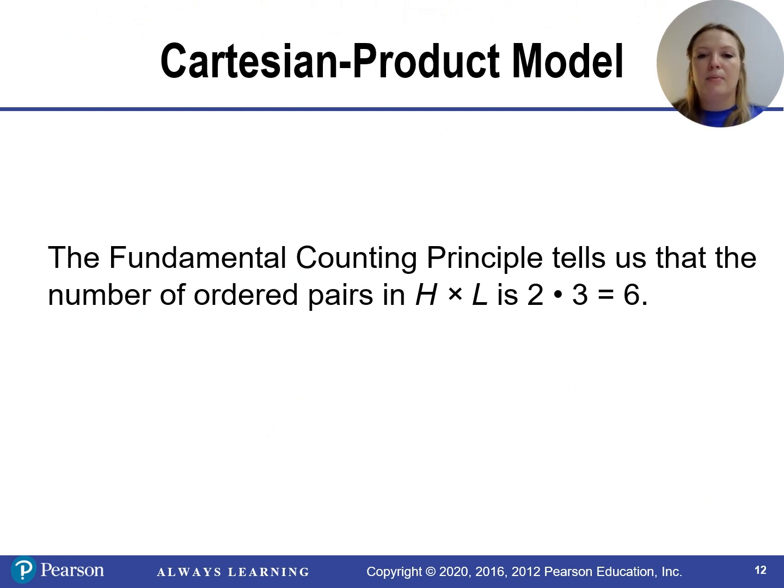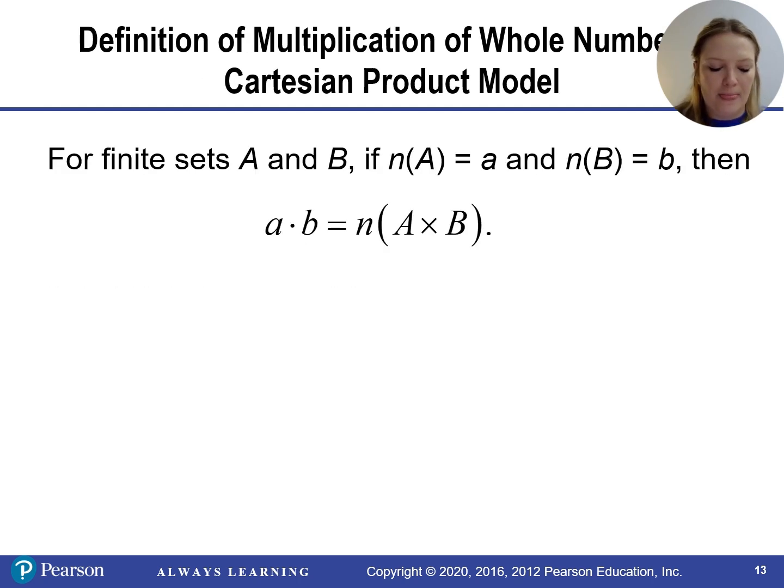What this culminates in is the fundamental counting principle. It tells us that the total number of ordered pairs that we could get in this Cartesian product of history classes times language classes is 2 times 3 equals 6, because I had 2 options for history and 3 options for language.